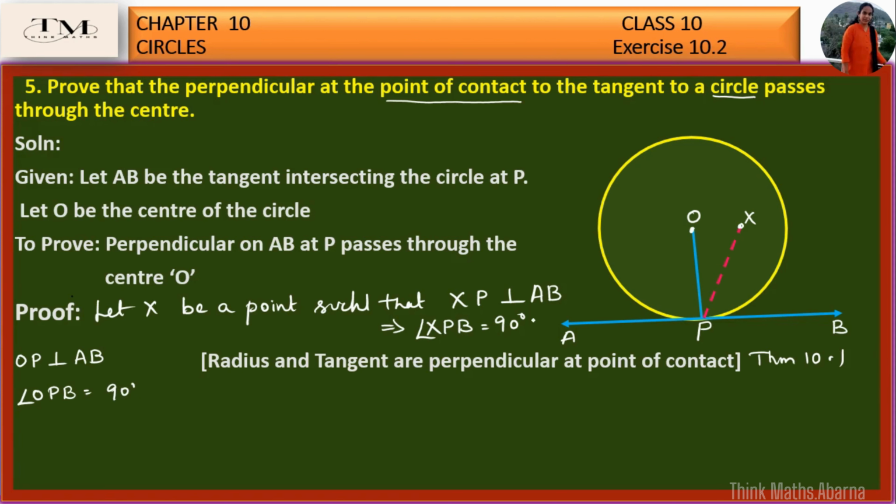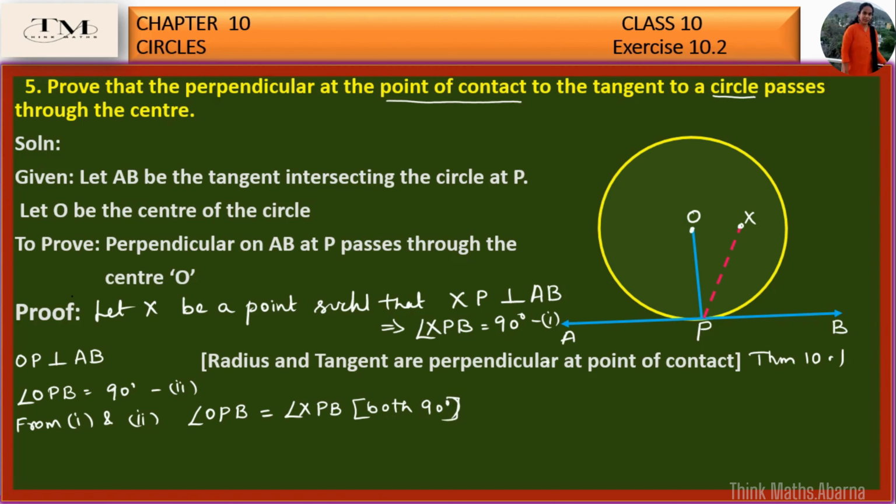Let us call this 1 and this 2. So what do we get from 1 and 2? Both are 90 degrees. That is, angle OPB is equal to angle XPB because both make 90 degrees.